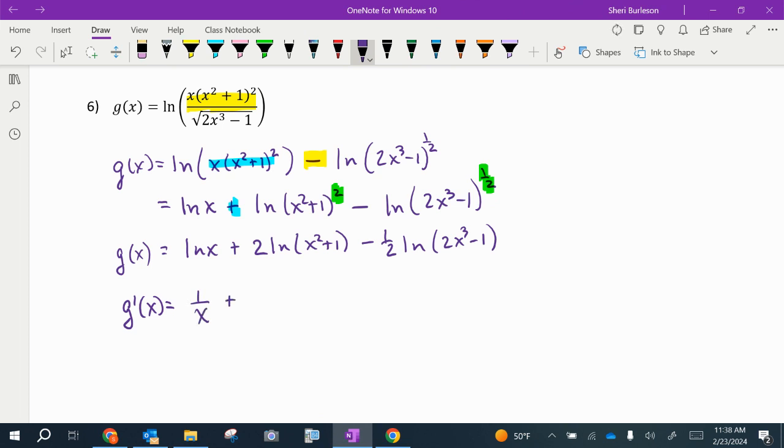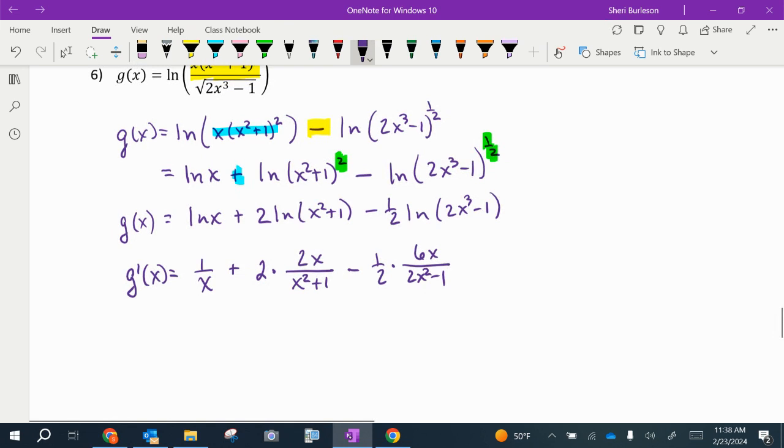The derivative of 2 times the natural log of x squared plus 1: the derivative of the natural log puts x squared plus 1 in the denominator, and the derivative of the inner function, 2x, goes on top. And then I have minus 1/2 times the derivative here. I get 2x cubed minus 1 in the denominator because the derivative of the natural log puts what's inside in the denominator. And then the derivative of my inner function is that.